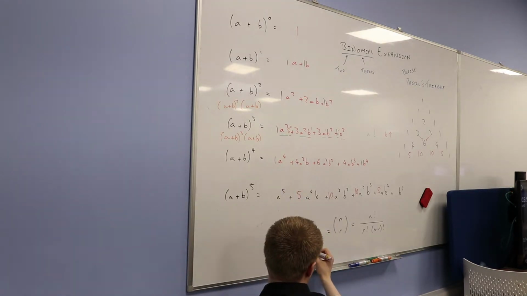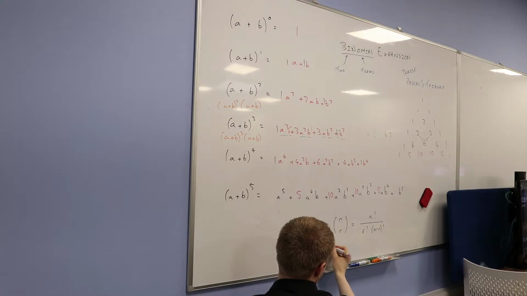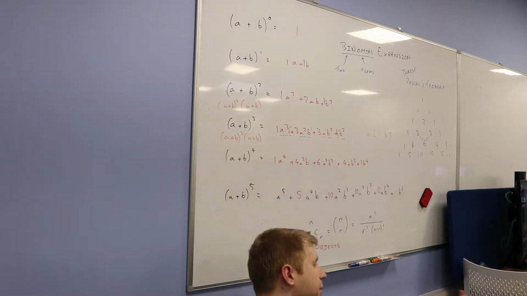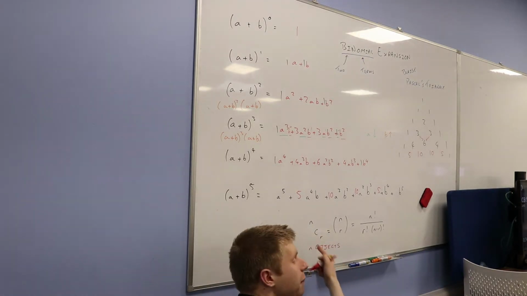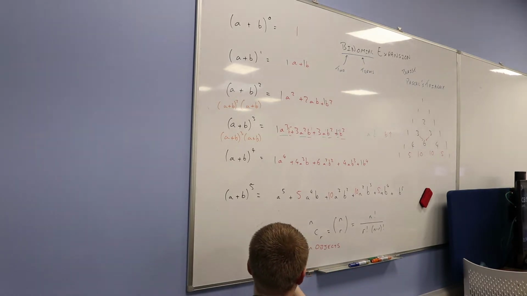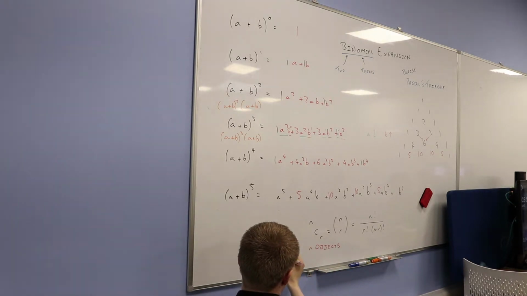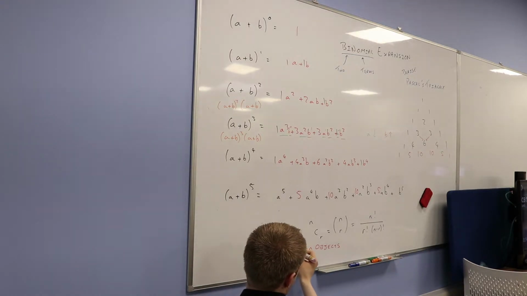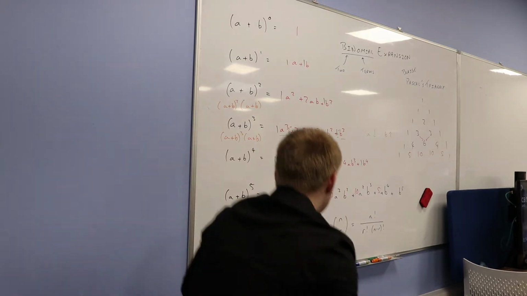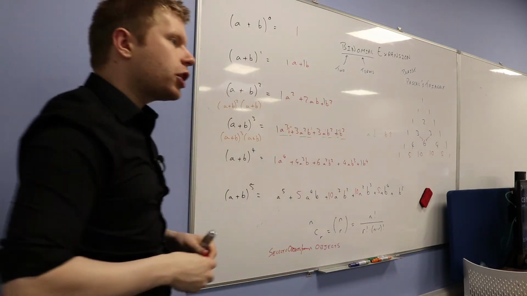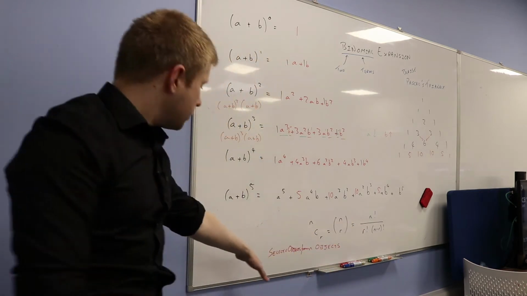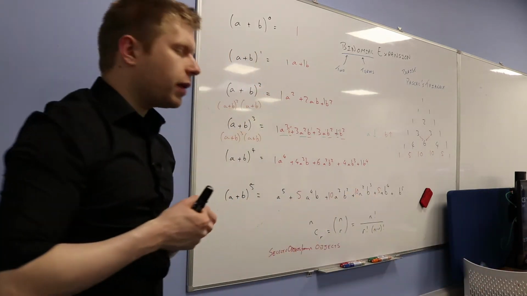So you're basically starting off with n objects, and you're just simply selecting r. This is how many ways you can select. So it's the number of ways of selecting r objects from a collection of n objects. You remember this, selecting r objects from a collection of n.